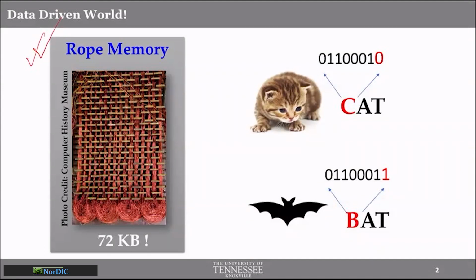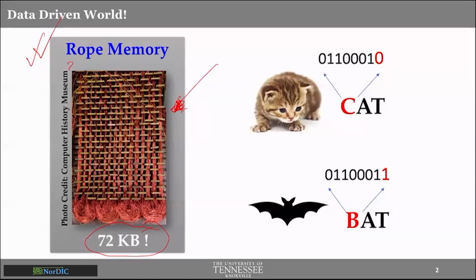That's exactly how these memories used to be made. By using these structures, you were able to store magnetic memory bits like 0 and 1. These are binary data, but you could store them using magnetic fields. This particular memory device was used in the Apollo mission, which took us to the moon.